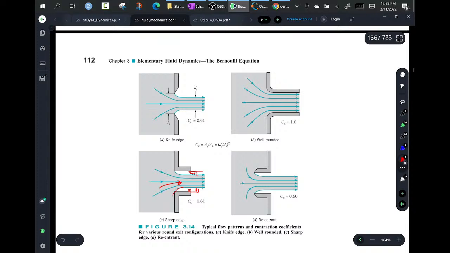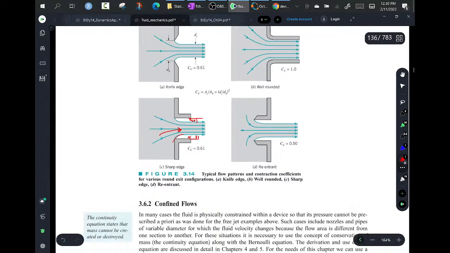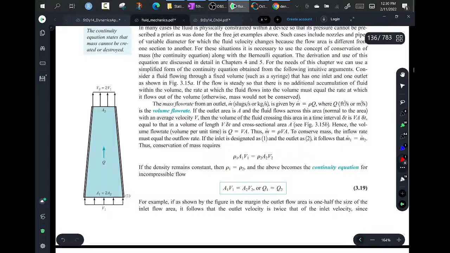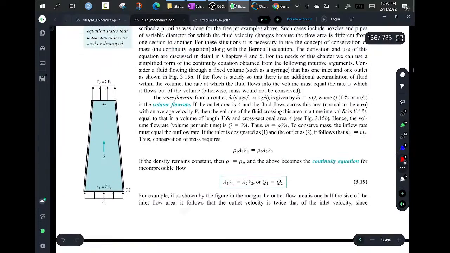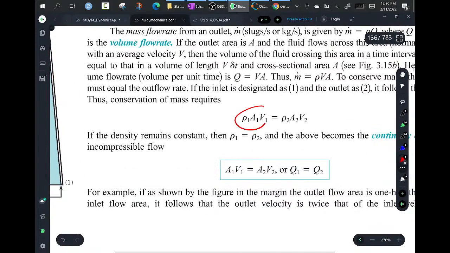Okay, you already know about m dot, or since in fact the density is going to be constant throughout this part, you'll have a volumetric flow rate, cubic feet per second.